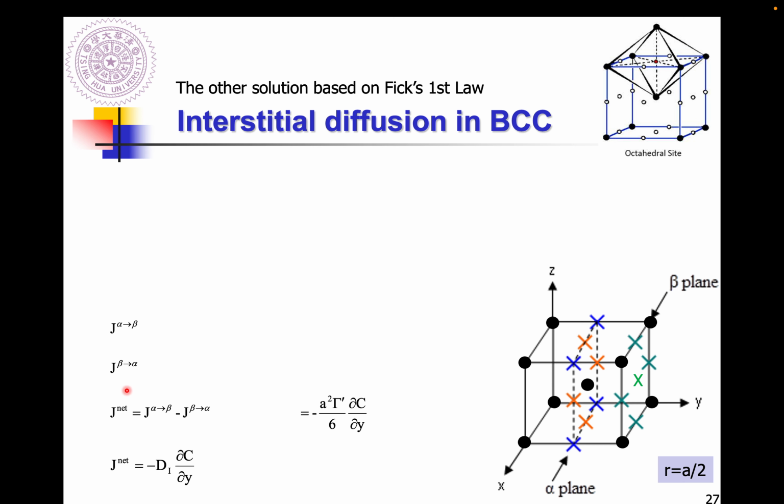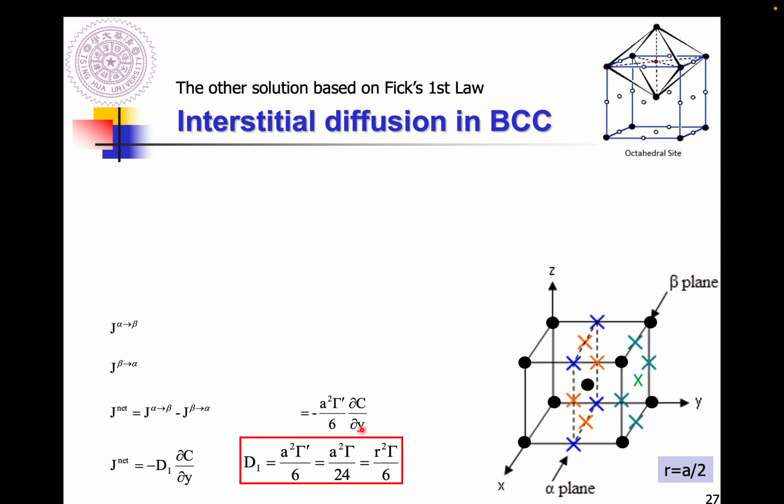If I can get the net flux of the solute atoms moving from the alpha plane to the beta plane, then minus the solute atoms jumping back, you get the total net flux of the solute atoms. This is the whole story and the whole idea.